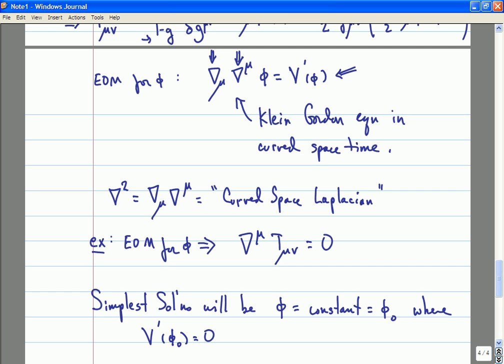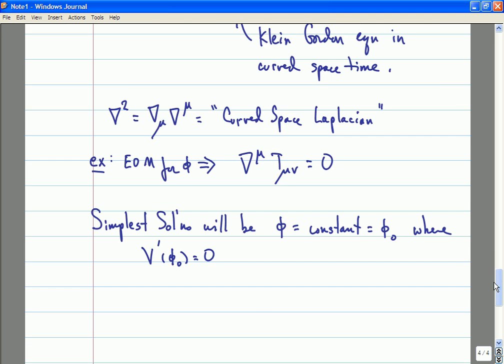So what is the stress tensor in that case? Well, let me remind you what the stress tensor looked like. It was d mu phi d nu phi minus 1/2 g mu nu times the kinetic term.